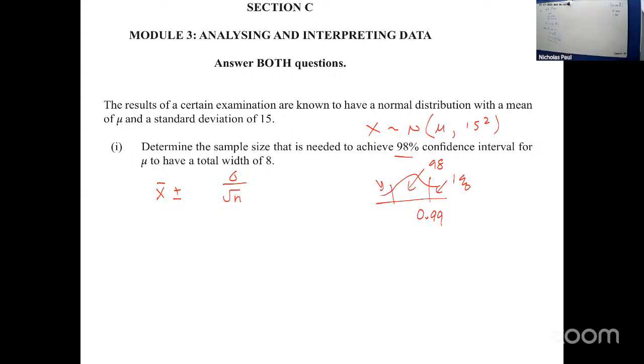What's the critical value for 0.99? 2.326. Nice. Remember we need to get the width, and to get the width we have to subtract the boundaries.